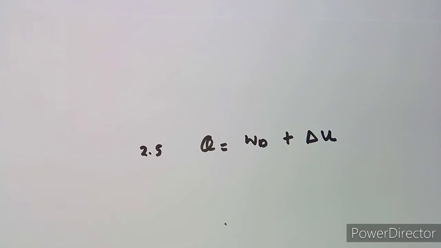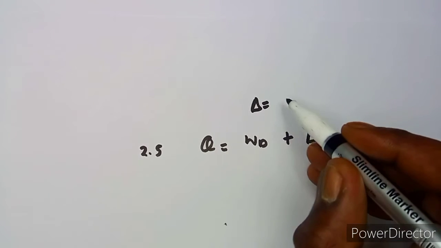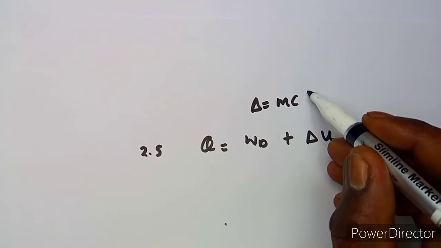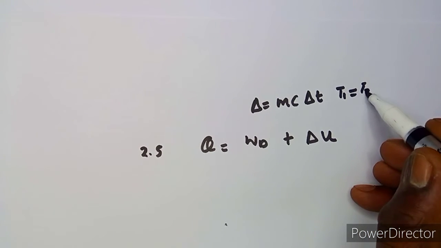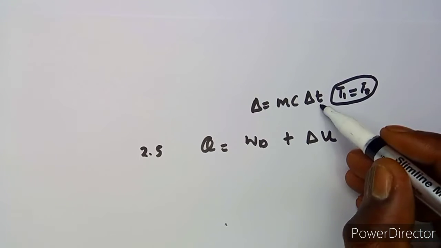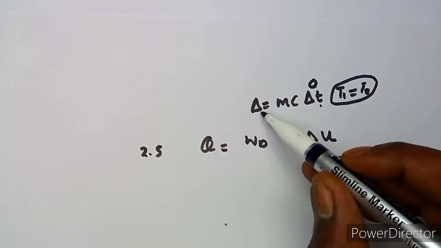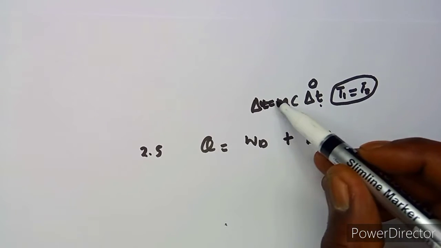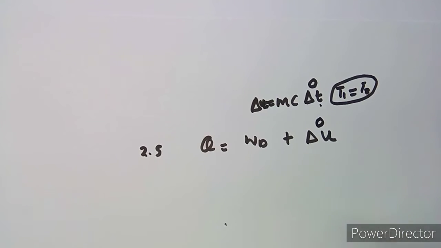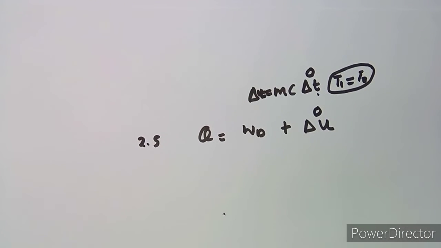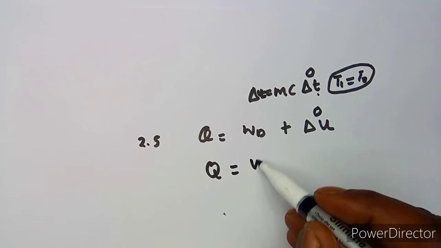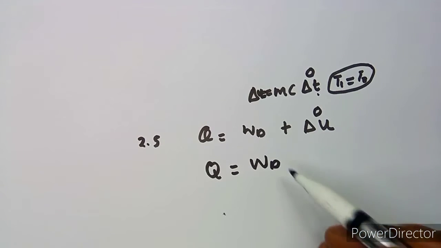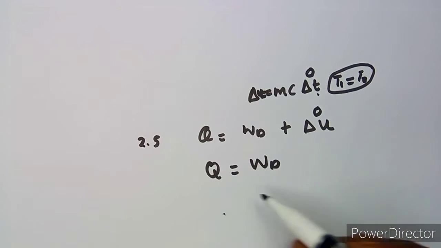But since we know that the change in internal energy is equal to MC change in T, and T1 and T2 are the same, the change in internal energy is going to be zero. So if it is zero, that means our Q, which is the heat, is going to be equivalent to the work done, because this one is zero.